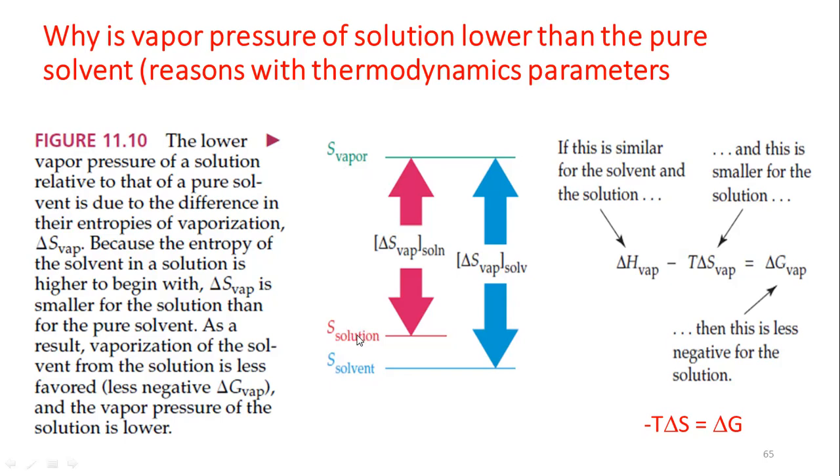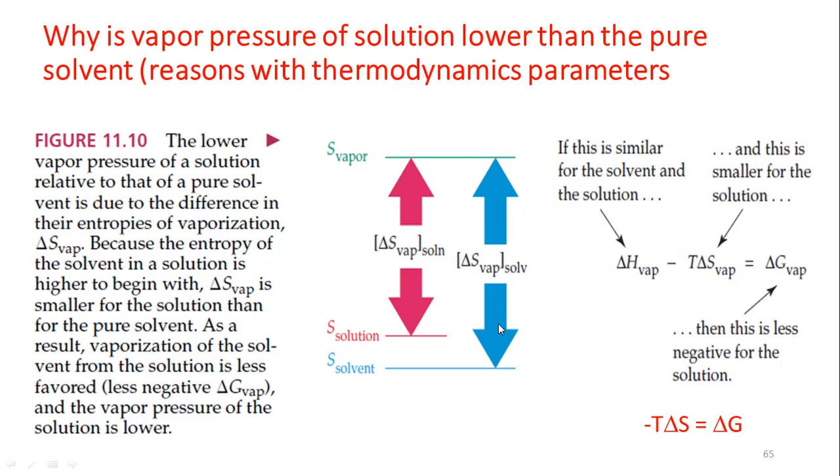And when it evaporates, that means it is converted from the liquid to the gaseous form, then the entropy of the vapor would be more. So this is the order of the entropy: solvent, then solution, and then vapor. So what is happening over here?